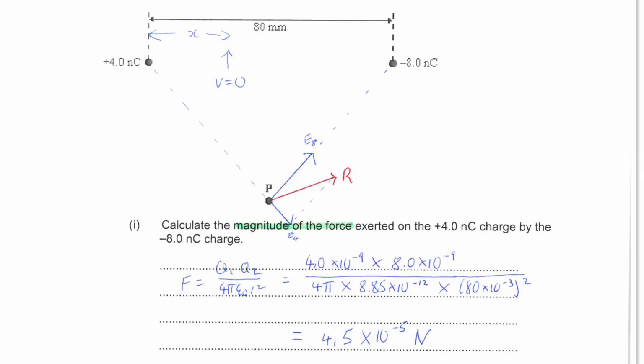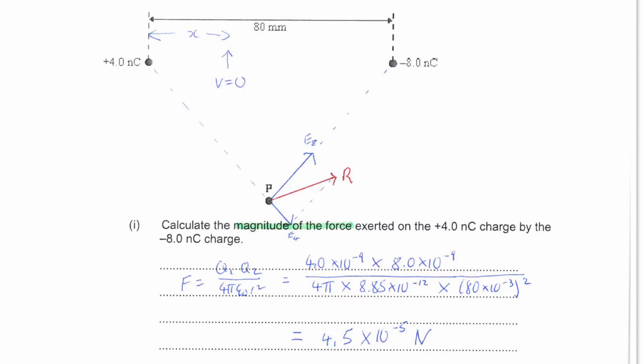Next, you are told that there are 2 point charges placed 80 millimeters apart. You are asked to find the magnitude of the force exerted on the 4 nanocoulomb charge by the -8 nanocoulomb charge. Because the question says magnitude, you don't need to worry about putting signs in for your values for charge.